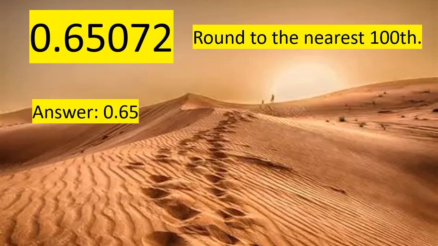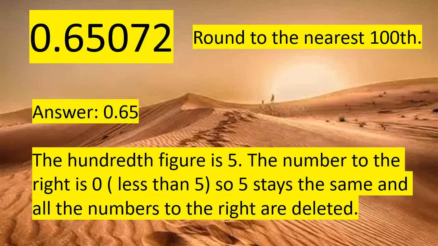So the answer is 0.65. The 100th figure is 5. The number to the right is 0, and it's less than 5. So 5 stays the same, and all the numbers to the right are deleted. But we're not going to show those, so our answer is 0.65.